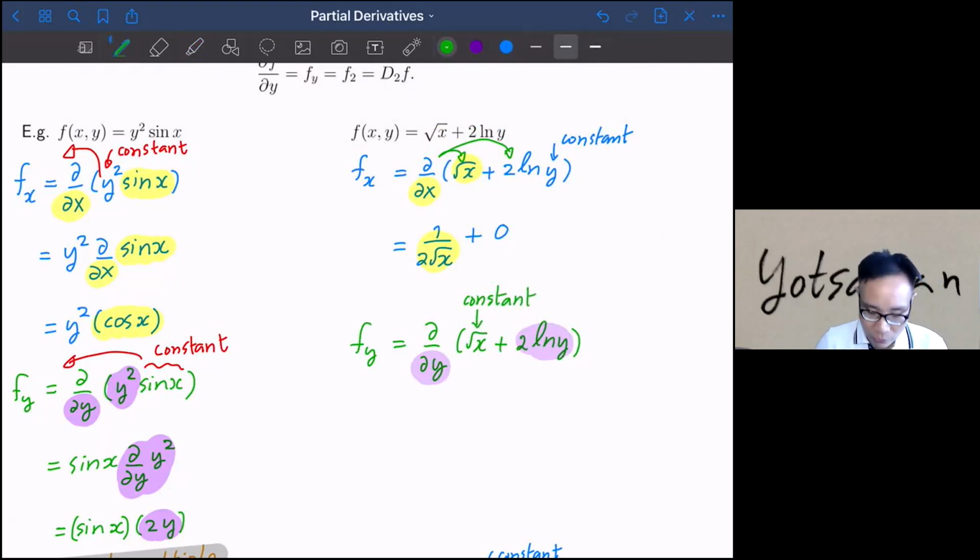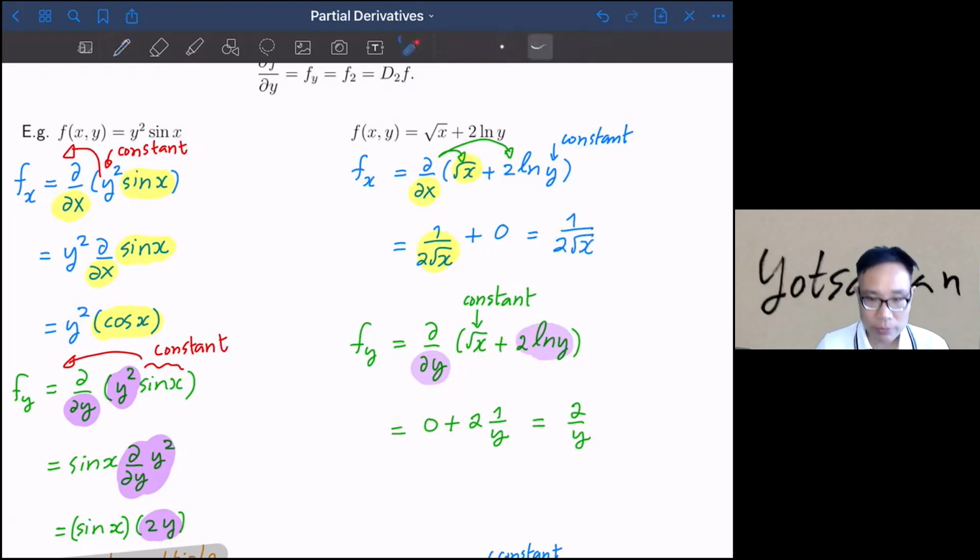The derivative of the constant gives you 0, and the second term is the derivative of log y, which you answered before: 1 over y. So it becomes 2 over y for the final answer, and the first term gives 1 over 2 root x for the final answer.